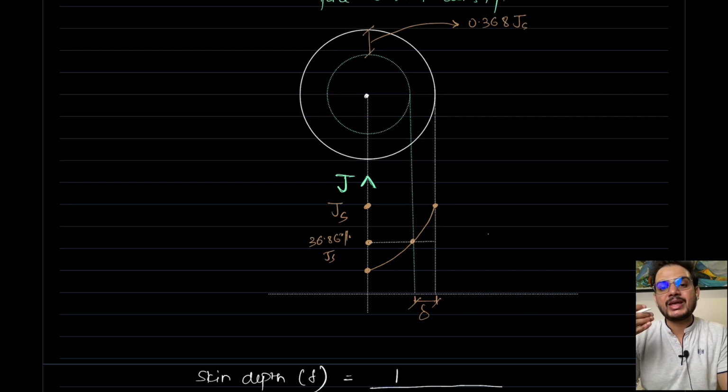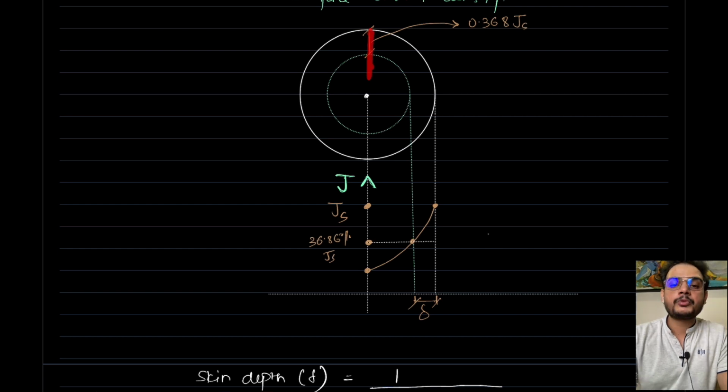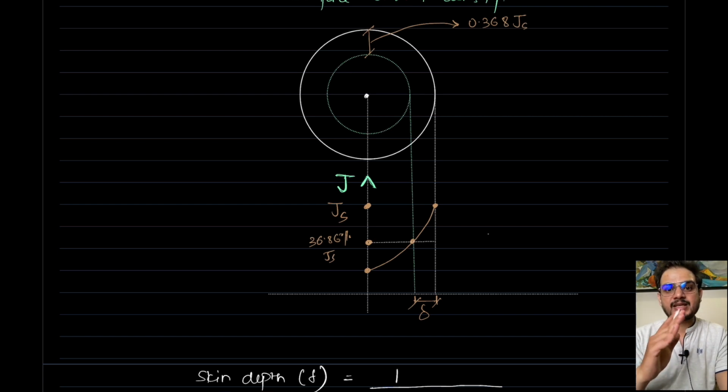As my effective area increases, resistance will decrease, so my skin effect is decreasing. So if my skin depth is increasing, my skin effect is decreasing.